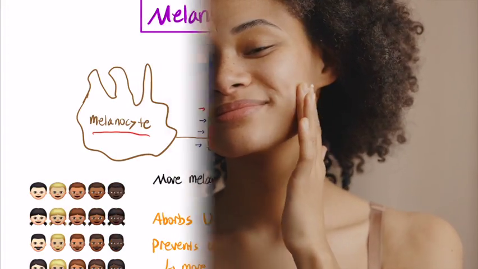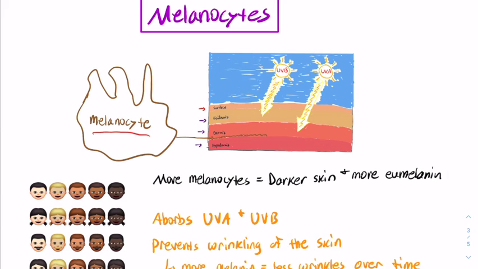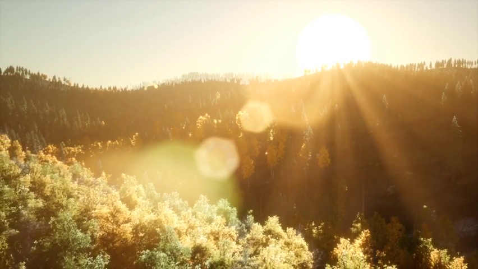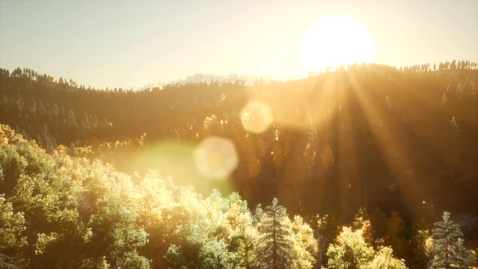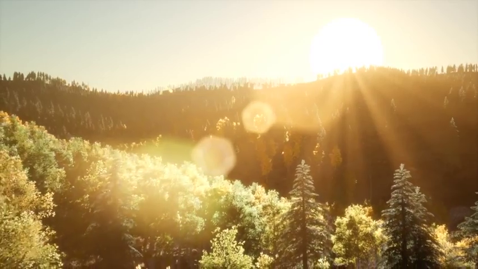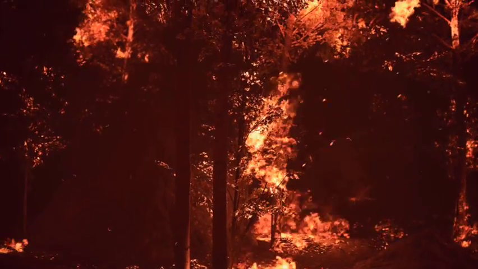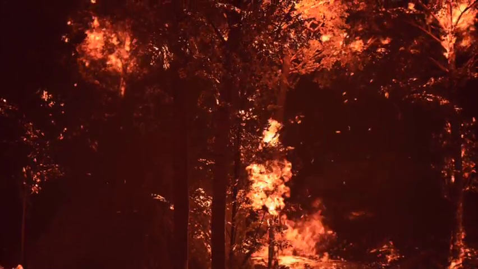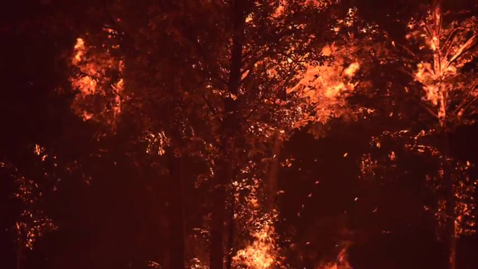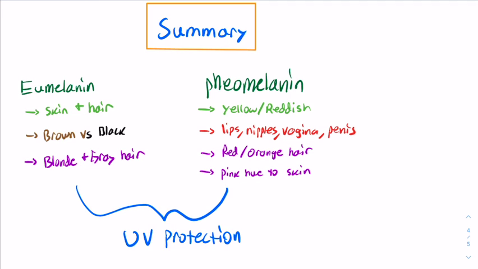Okay, so the more melanin you have, or the more melanocytes you have, the less wrinkles you have over time, which is interesting, and the less wrinkles you get from direct sunlight. Which is why if you have less melanin or lighter colored skin, you burn more easily because your skin isn't as protected from those UVB rays, right? B, burning.